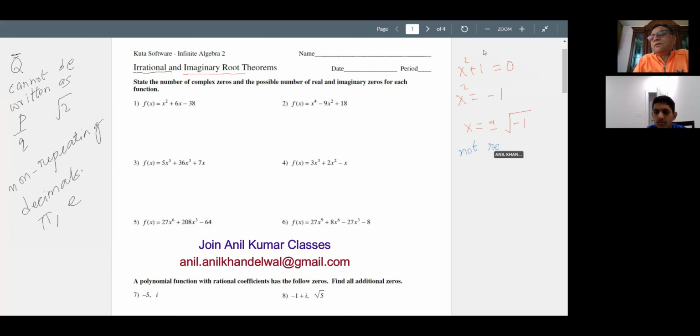Not real. So we say it is an imaginary number. Imaginary number has this iota or i whose square is minus 1. You get the idea? Yeah. So therefore, square root of minus 1 will be i, right? So i is square root of minus 1. You get the idea? Yeah.